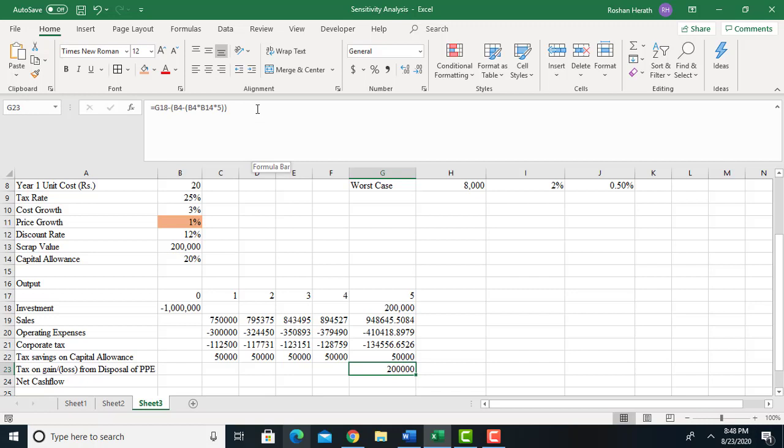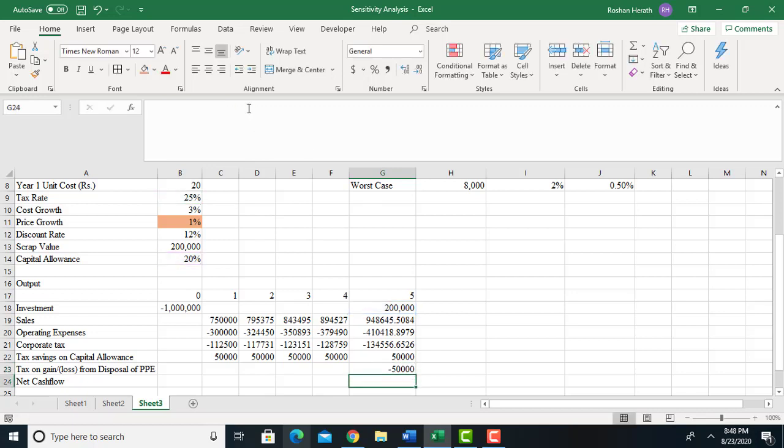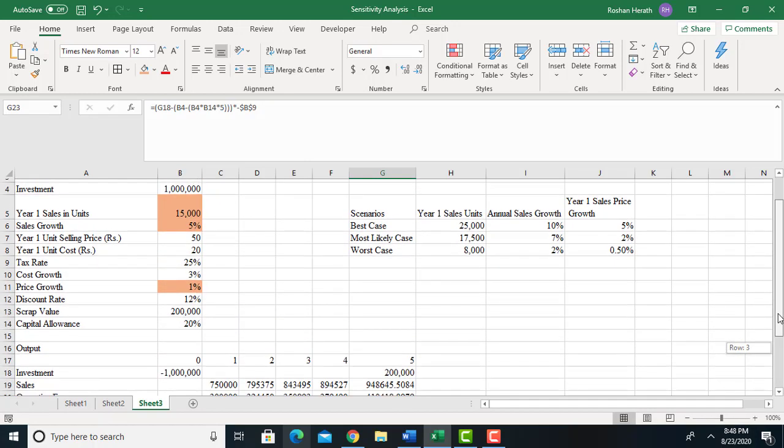For this particular gain, for the entire thing, multiply it by 25%, that is the tax rate. So that's going to be a kind of tax, therefore make it minus. So it comes as 50,000. In the final year you would have to pay a kind of tax.